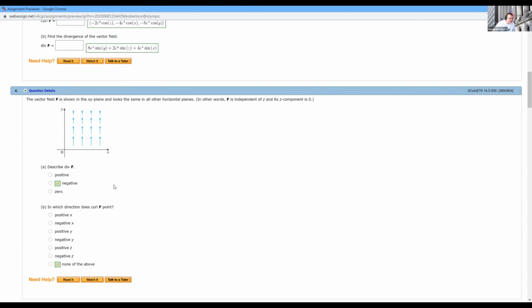So when you're looking at the div, think about choosing a point and is there more bigger vectors coming in towards that point than there is vectors leaving that point? I think the thing about the Z is a distraction because it really doesn't matter because it's just saying every single point above it is the same as what you can see.